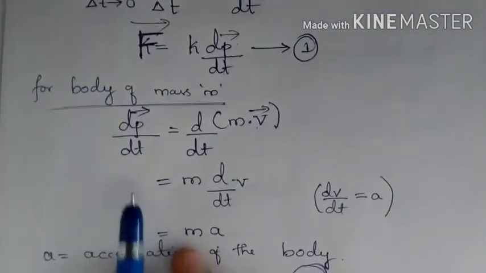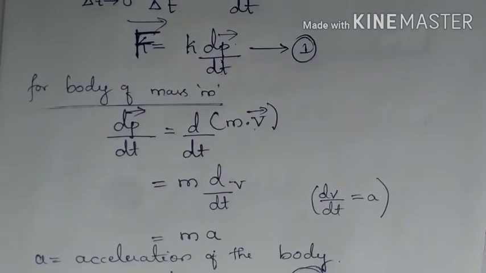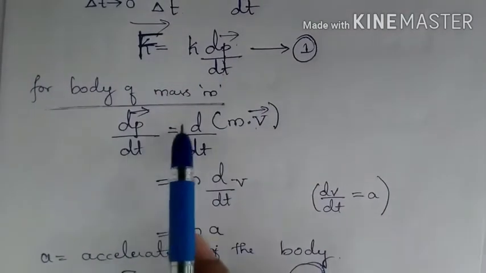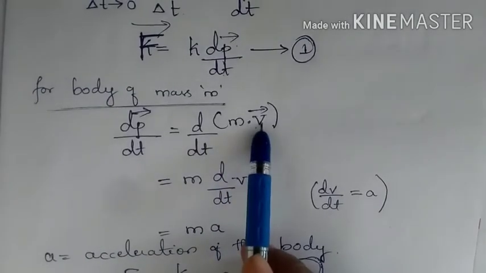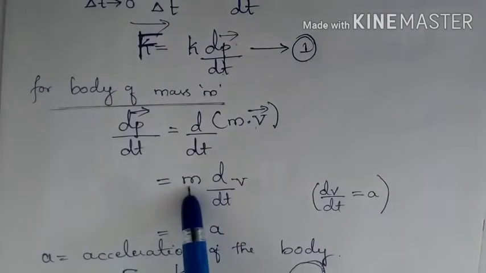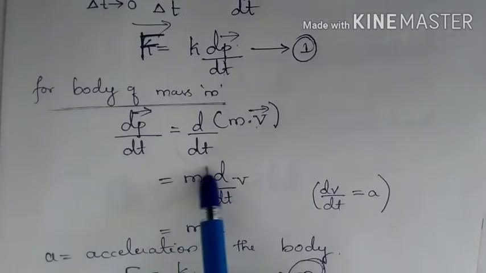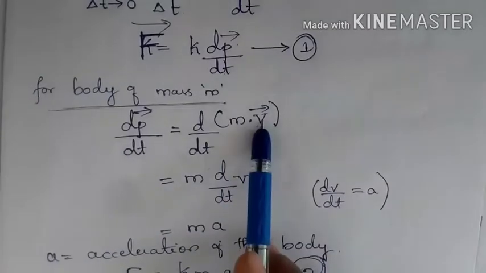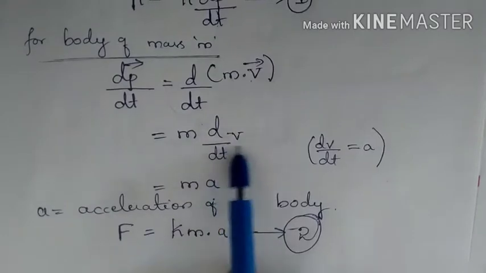Next, for a body of mass m, dp by dt is equal to d by dt of m into v. If you take m outside, you are differentiating the velocity, so m d by dt of v.